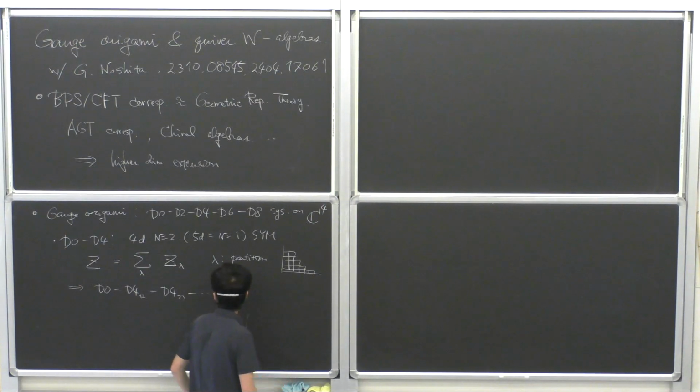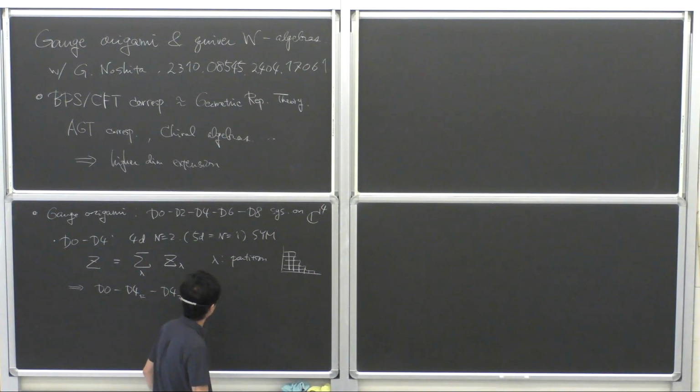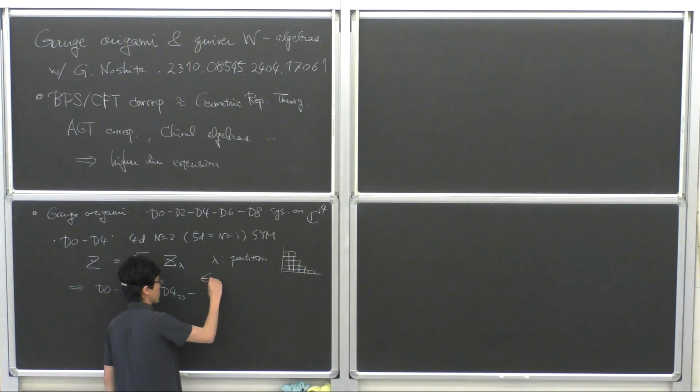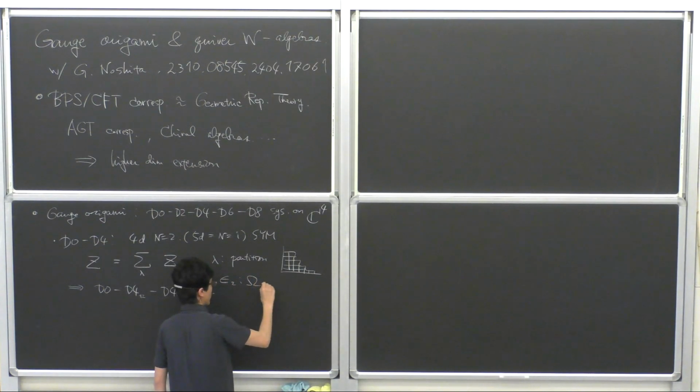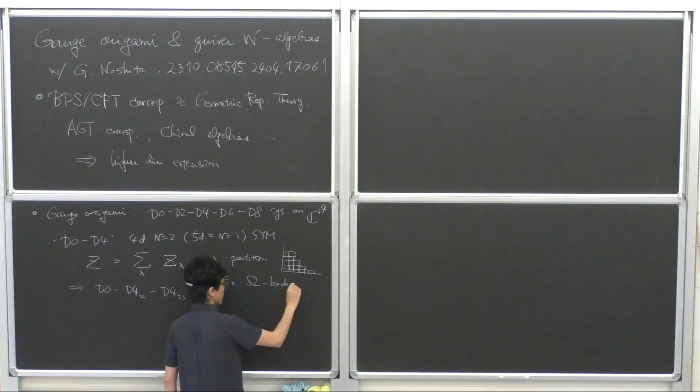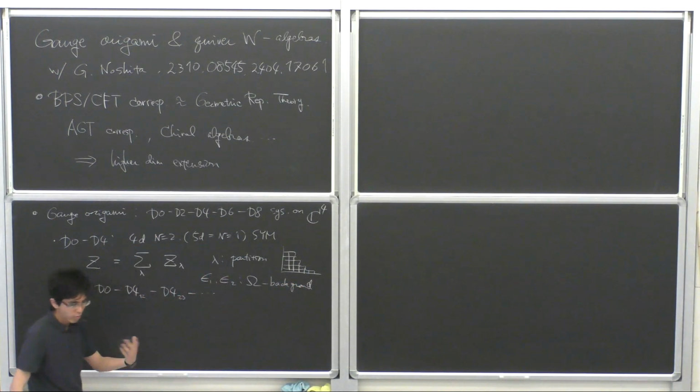Because in order to write down the partition function, we have epsilon 1, epsilon 2. This is the so-called Omega background parameter that plays a role of regulator of the moduli space, if you want.